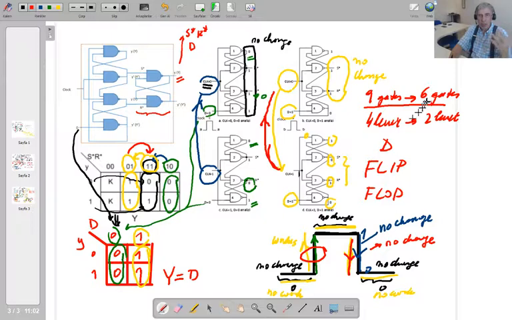On the other hand, we had a 4-level delay in the master-slave configuration. In this configuration, we've got only 2 levels. So we doubled the speed, and we reduced the cost by 1/3. So that's the good news.